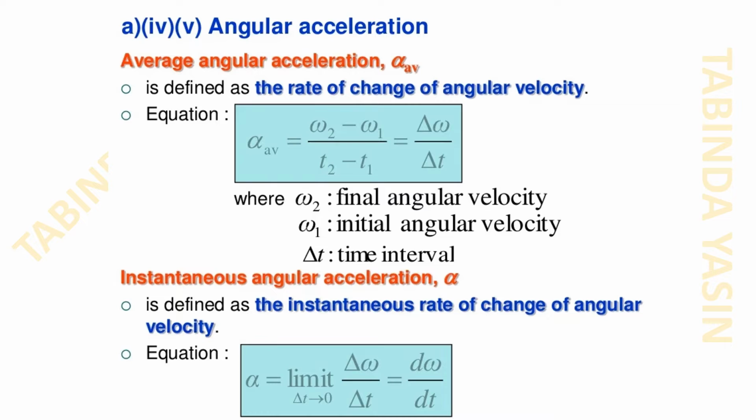Now, the instantaneous angular acceleration alpha, similar to what we discussed previously, is defined as the instantaneous rate of change of angular velocity, and the equation is alpha is equal to limit del t approaches 0 of del omega over del t, that is equal to d omega over dt.